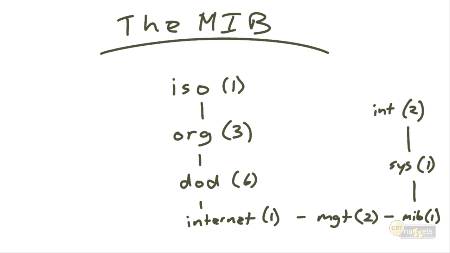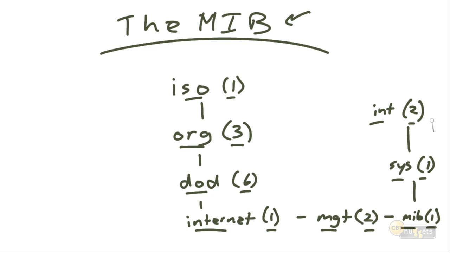Now, before we leave our discussion of Simple Network Management Protocol, let's elaborate on that standards-based database of variables for network management called the MIB, the Management Information Base. It's a tree-like standardized database structure. What happens is you start at the ISO level, which is identified numerically as 1, then the org level 3, Department of Defense 6, Internet 1, Management 2, MIB 1, System 1, Interfaces 2.